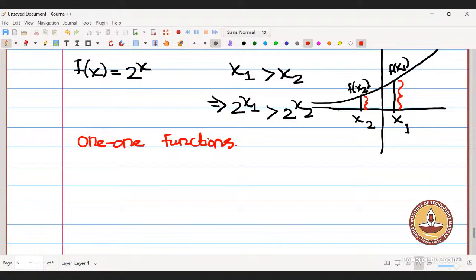I'm not saying all 1-1 functions will satisfy the condition. What I'm saying is, if a function is strictly increasing, A implies B. If a function is either strictly increasing or decreasing, then that function is 1-1.